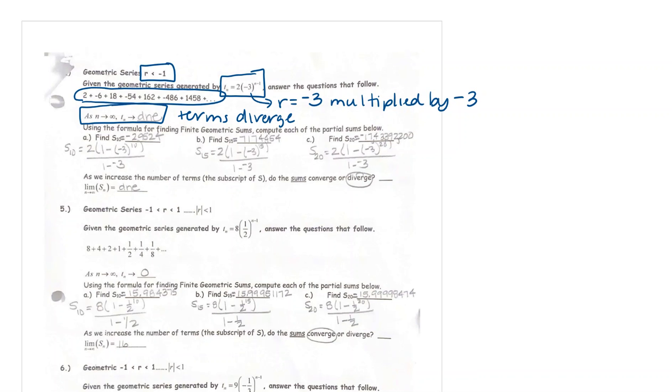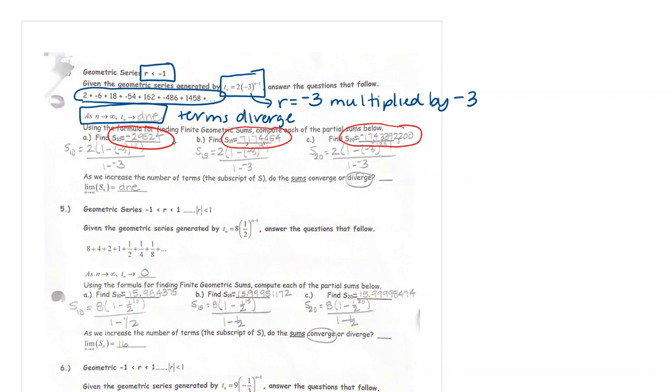And what should eventually hopefully start to ring a bell is that if the terms diverge, so does the sum, right? So if we look at these infinite sums, here is the sum of the first 10. It's negative 29,000-ish. The sum of the first 15 is positive now, 7 million. And the sum of the first 20 is negative now.